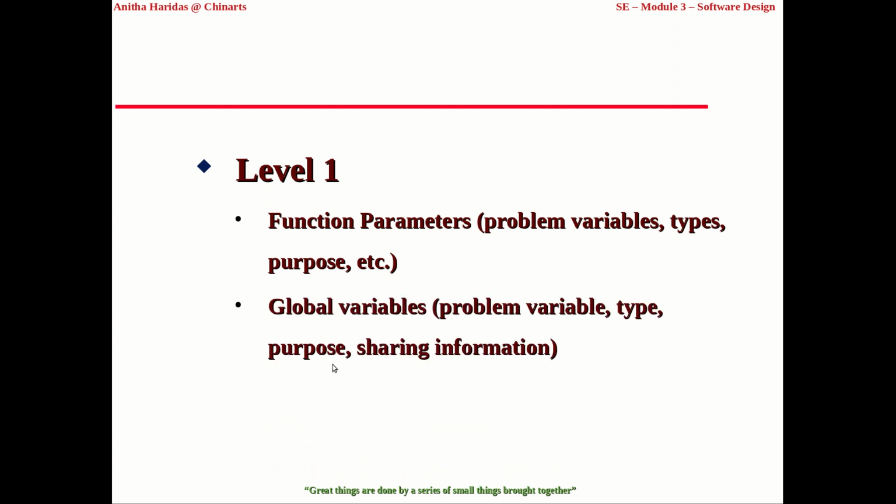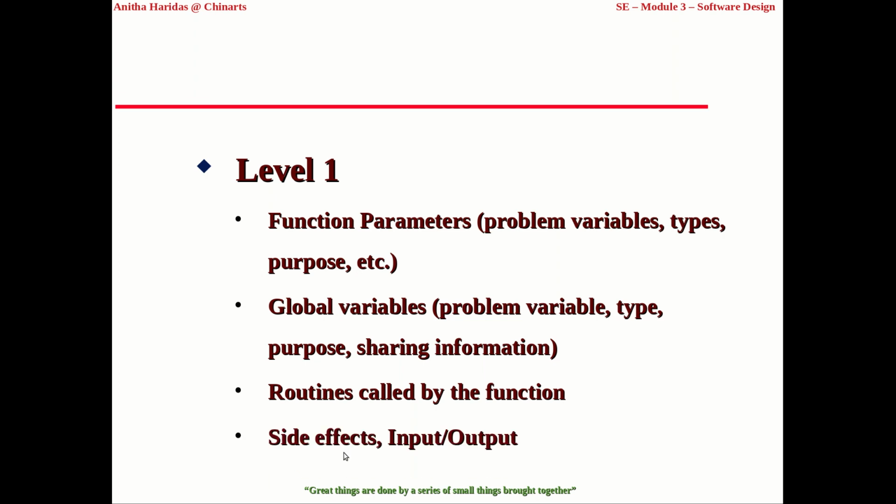Then if the function is using any global variable or any shared information, that should also be mentioned here. Then the routines called by this particular function: which routines, subroutines or other procedures are called by this function should also be mentioned here.